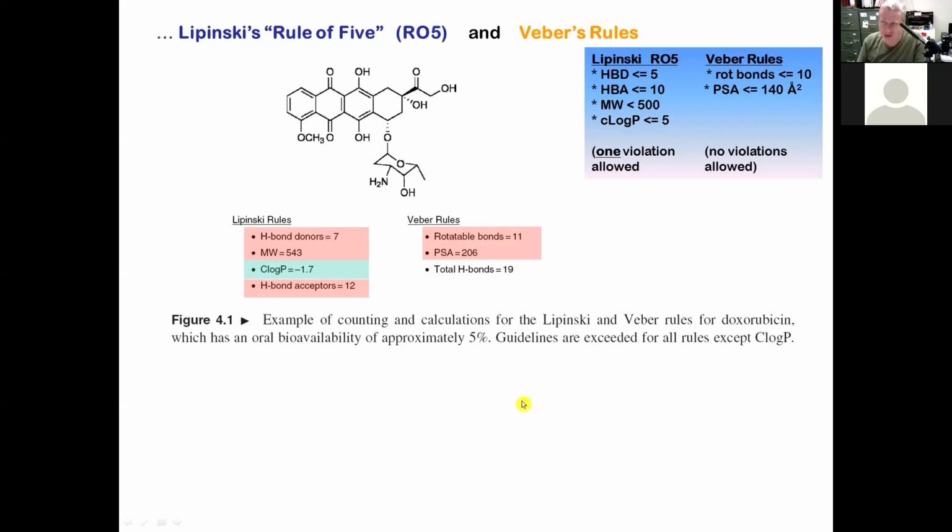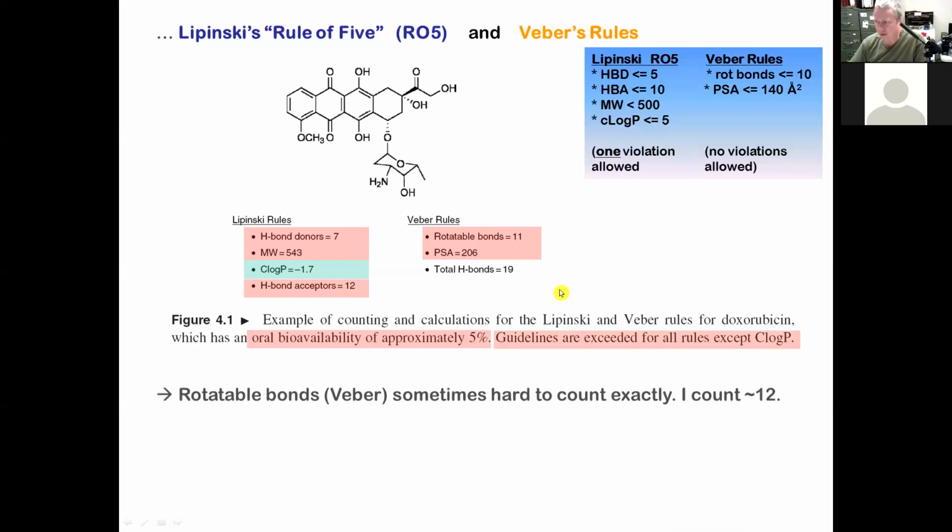So this kind of validates the Lipinski and the Weber rules a little bit for a kind of extreme molecule. And doxorubicin is a useful anti-cancer drug, but it's usually injected IV, right? Okay, pretty cool example. Yeah, all the guidelines are exceeded. Okay, let's look at rotatable bonds and see.